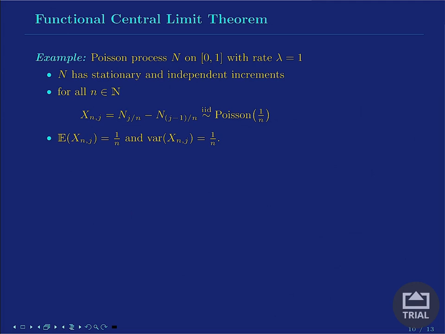So if you then look at the process Y_n(t), which is 1 over square root n, sum i equals 1 to the fraction tn of the x_ni minus 1 over n.